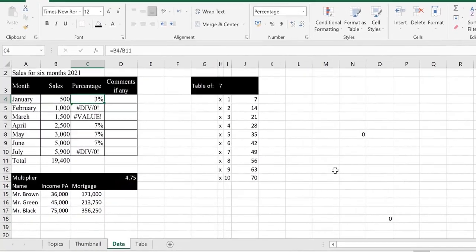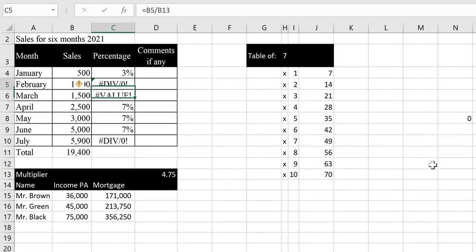We are now in a position to find the reason why this error message appears in cells C5 and C6. The reason behind the error is that by copying the formula in C4 downward, there was a movement of the relative cell reference.